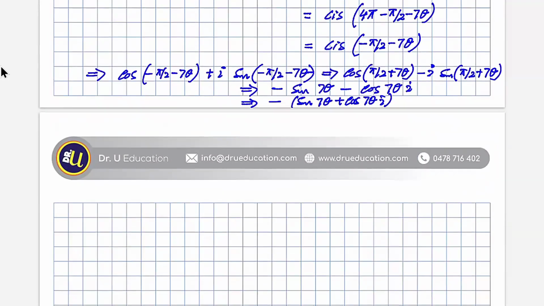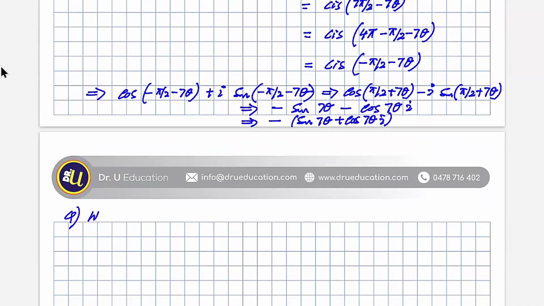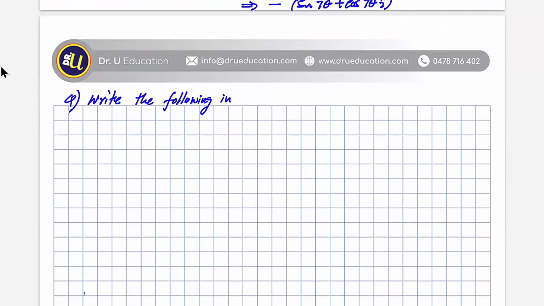Next one. Write the following in cis form. The first one, cos theta minus I sin theta.